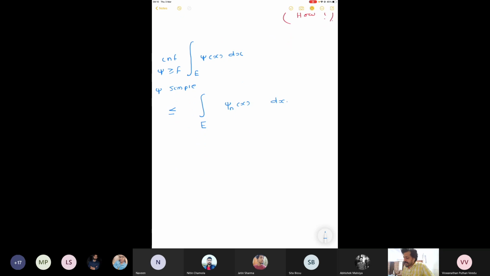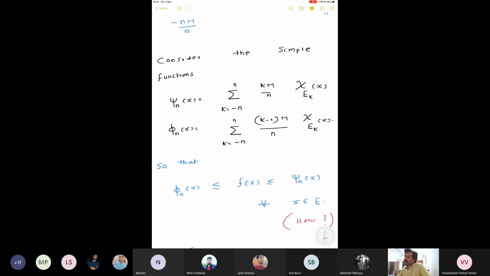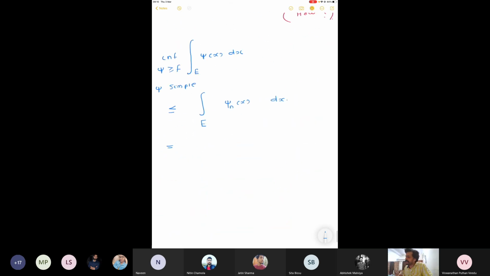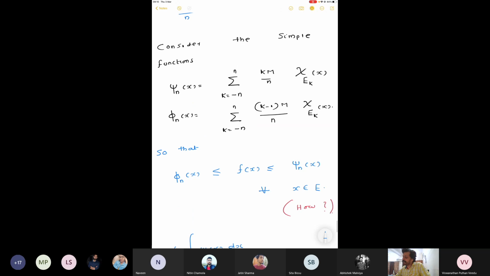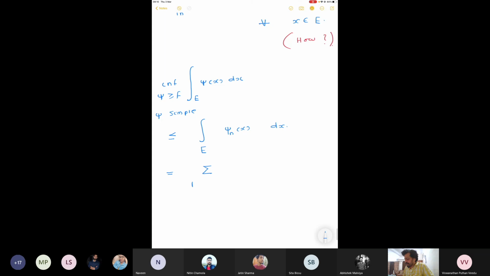Okay. And now since ψ_n's are simple, non-negativity is not needed because the sets involved are of finite measure. So I can write the integral of ψ_n. Now can you tell me what will be the integral of ψ_n? It will be equal to the values taken, which is km/n, times the measure of this set E_k: Σ_{k=-n}^{n} (km/n) m(E_k).